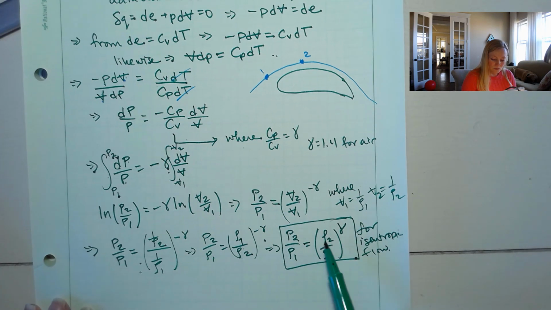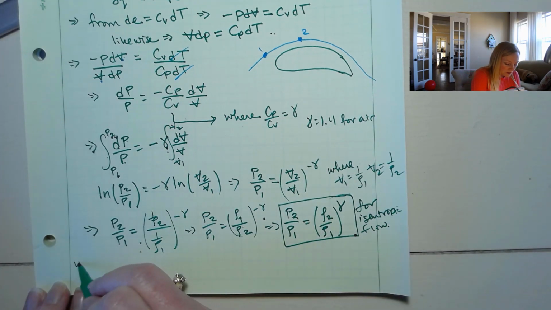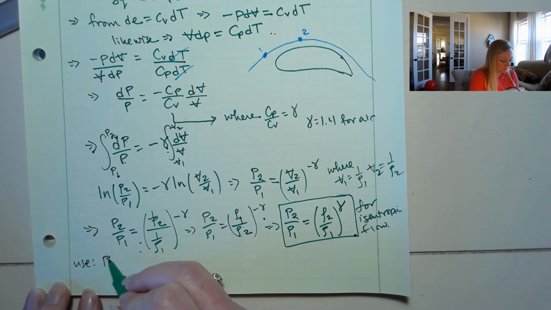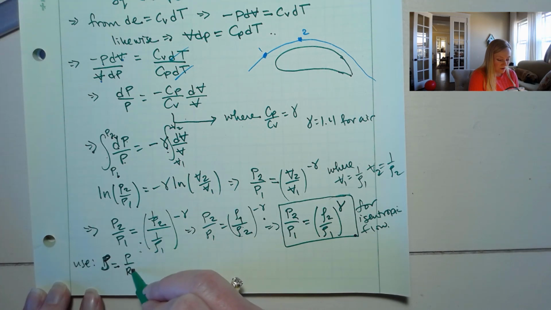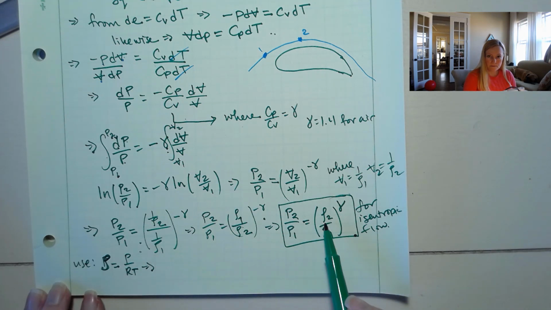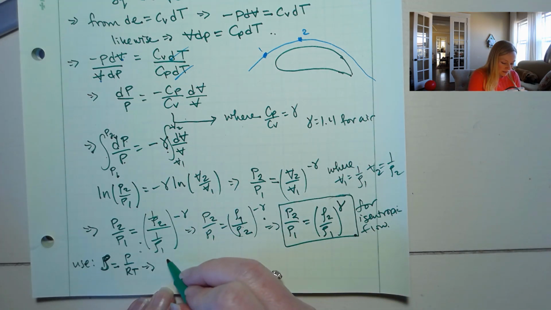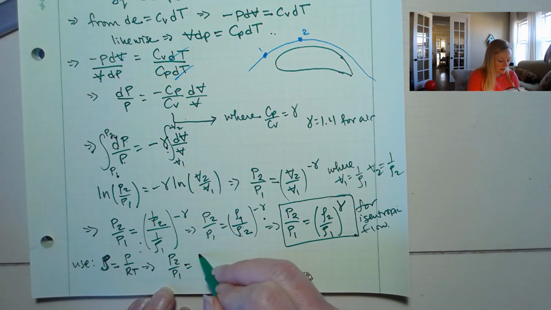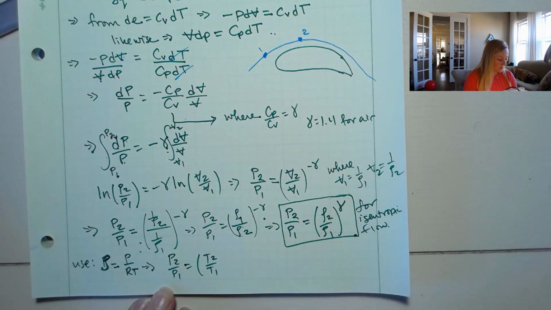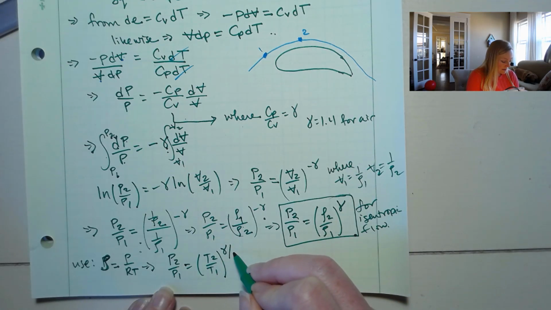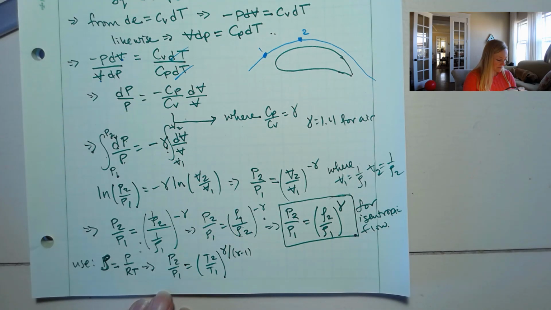Notice we've got pressure and density here. If you use the fact that rho equals pressure over RT and plug this in here, you can get a relationship between your pressure and the temperatures. What we get is P2 over P1 equals T2 over T1 raised to an exponent of gamma over gamma minus 1.